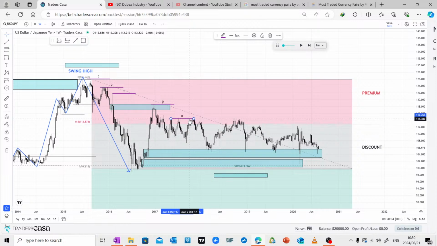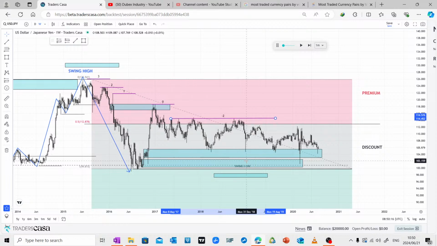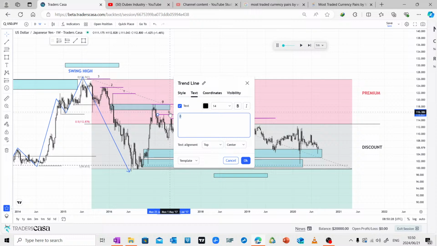So right here, this whole thing, we can say there's buy side resting here. There's buy side resting there, say -1, and we'll say -2, because we also have other buy side slightly here, and that would be -1.